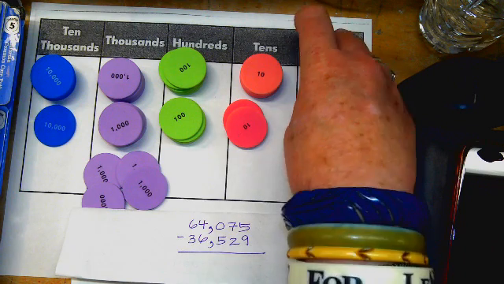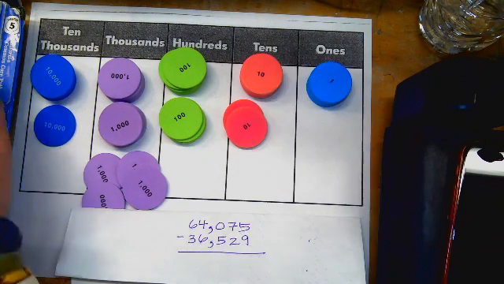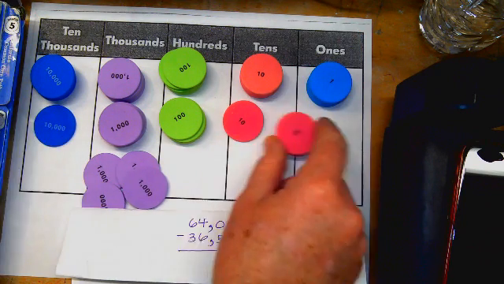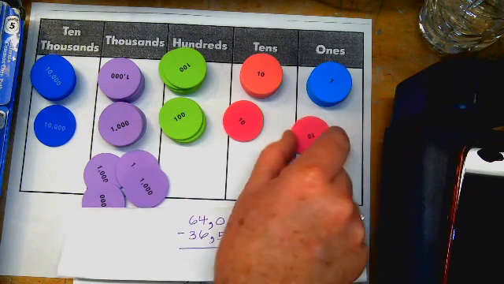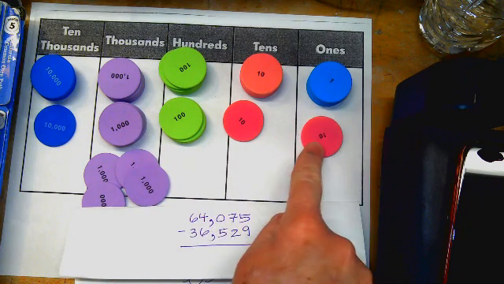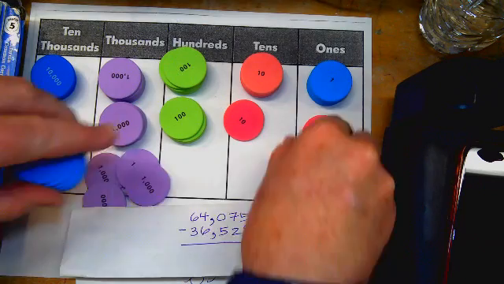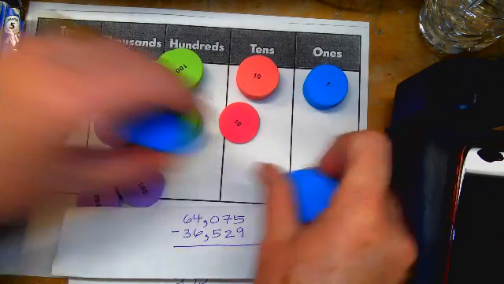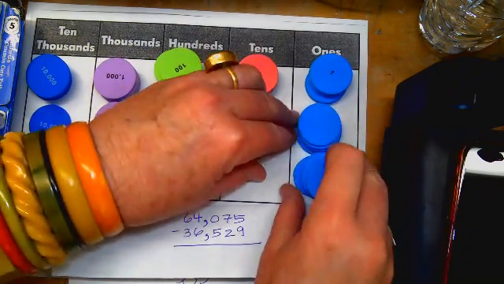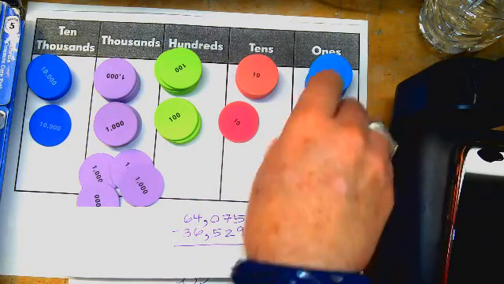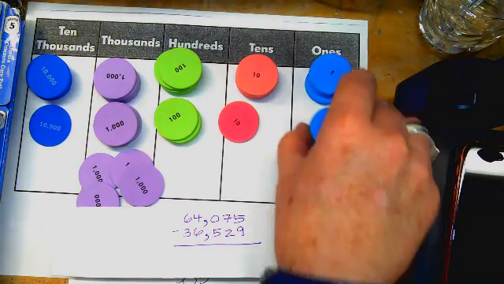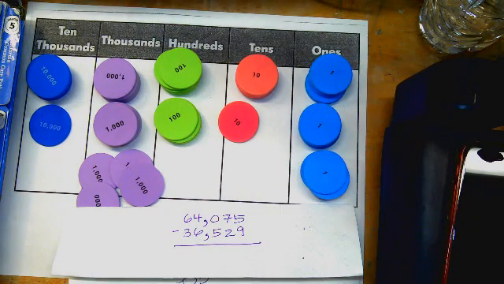So what I'm going to do is I'm going to cash in. I'm going to drag one of these over here. I'm going to regroup from the tens place, and I have 10, right? And I'm going to exchange that 10 for these, and all these are 10 ones, right?